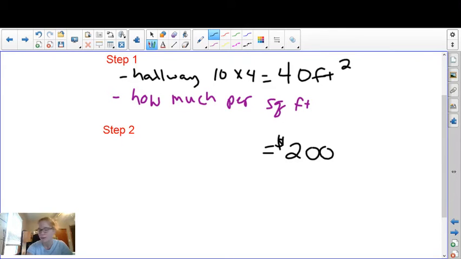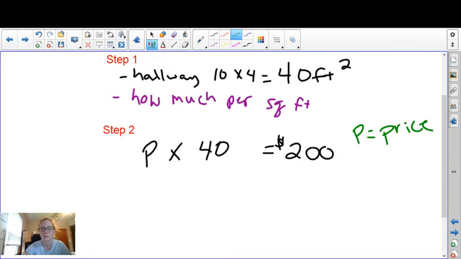So let's say that we're going to use the letter P to indicate price per square foot. We took that number times 40 because we had 40 square feet that we were trying to tile. We're going to write that off to the side in green because green sounds great. We're going to try and solve for that variable of P. So P is the price per square foot.